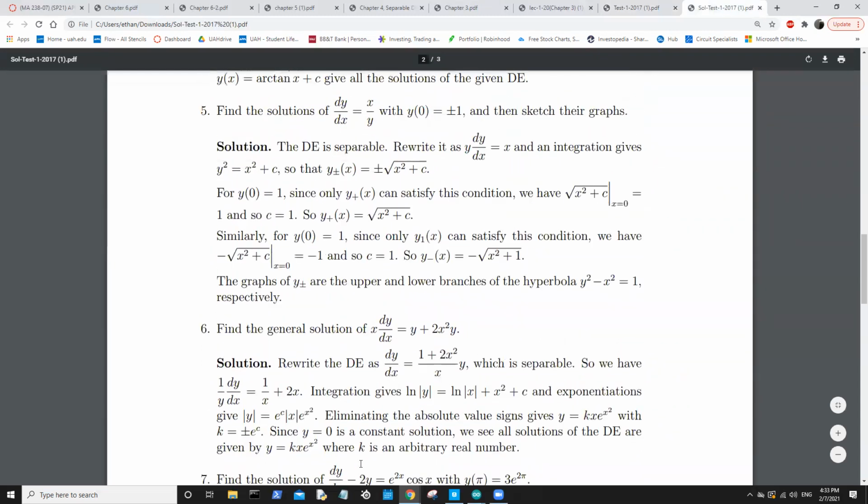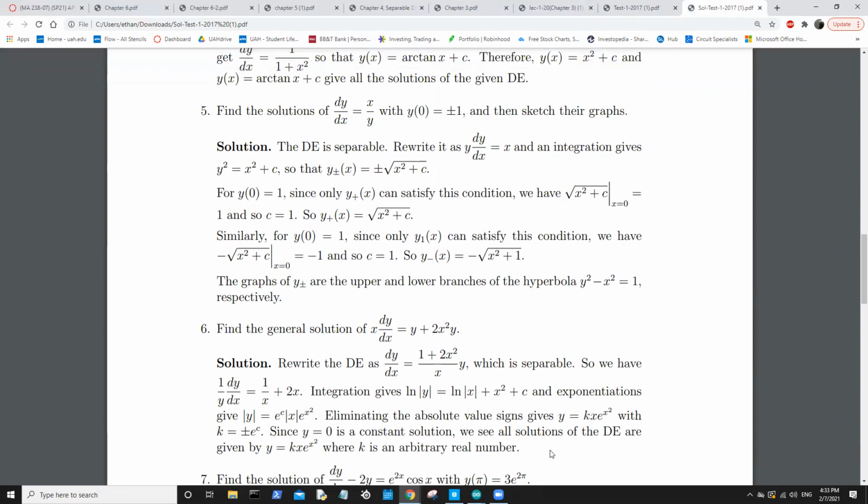Yeah, so he uses k, but when it comes to defining constants, you could technically make that whatever you want, as long as it's not a variable understood to be something else. So he eliminates the absolute value by defining k as a plus or minus of the original constant. You could make that a capital A if you wanted.